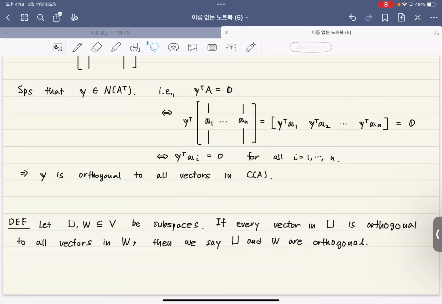And this is the definition: I have two subspaces, U and W, which live in one ambient vector space V. U and W are subspaces of the vector space V. If every vector in U is orthogonal to every vector in W, then we say those two spaces are orthogonal to each other. In this sense, we say the column space of A is orthogonal to the left null space of A. This is what I mean by two spaces being orthogonal.